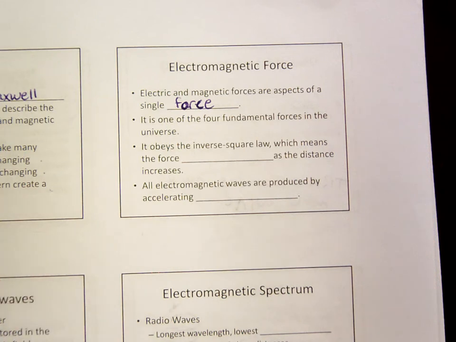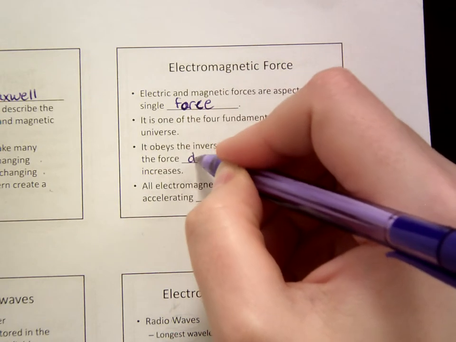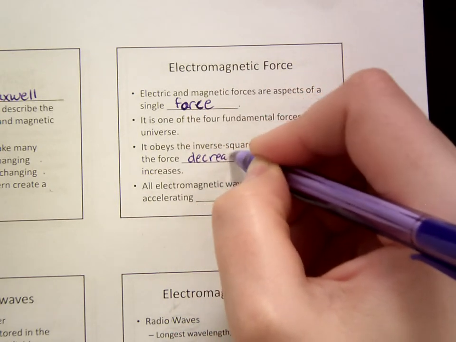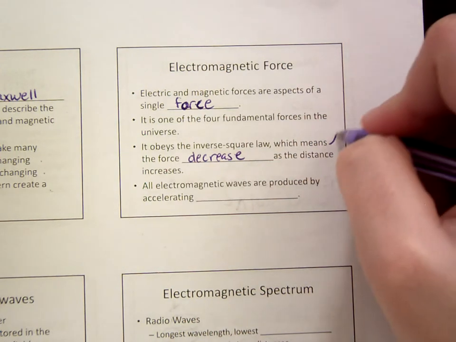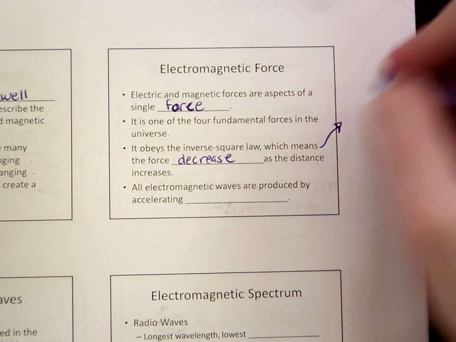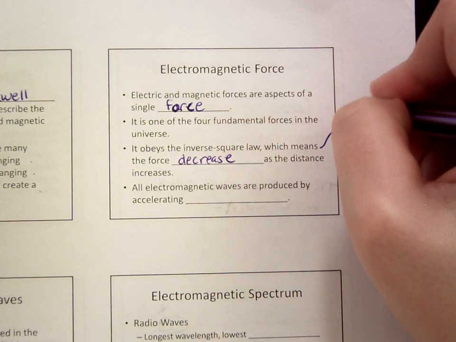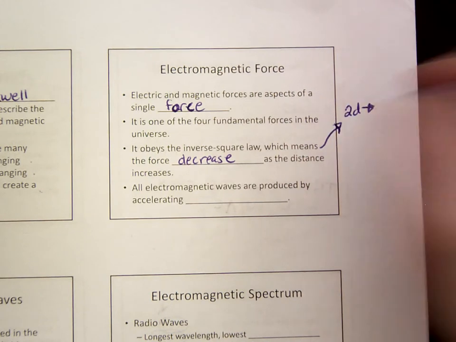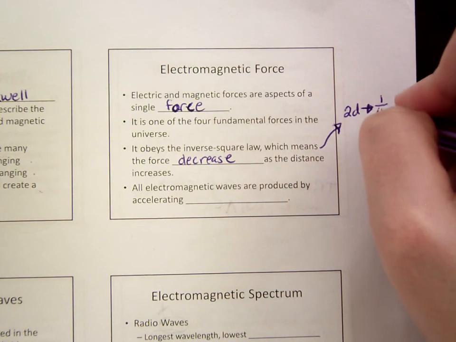Now, magnetic force, like gravitational and electric forces, obeys an inverse square law, which tells us that the force is going to decrease as the distance increases. It's the flip and square stuff. For instance, if you double the distance between 2 magnetic poles, you're going to make the magnetic force between them only 1/4 as strong.